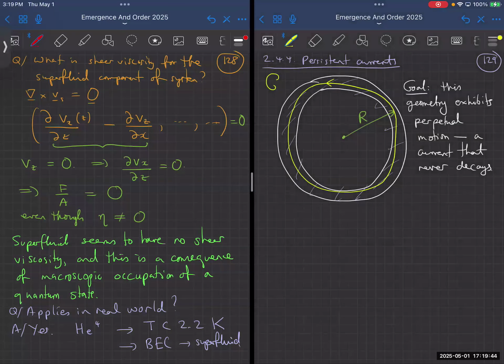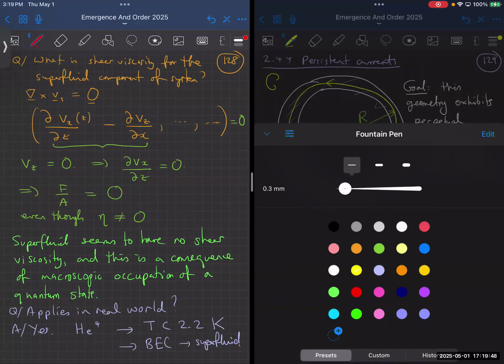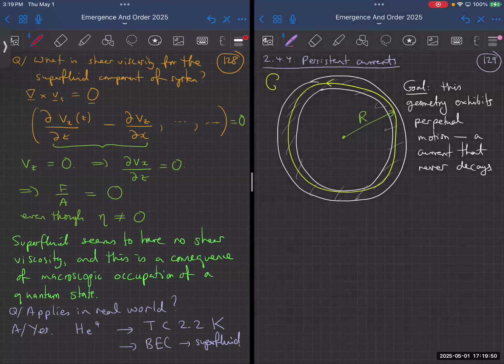I want you to imagine that I take, let me use a different color, three different points around this circuit. So I'm going to look at those points R1, R2, and R3. And we're going to finish this next time.